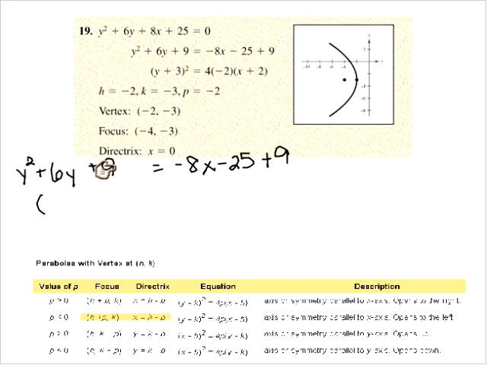I can then factor the left-hand side. That's just y, and then whatever half your middle term was, which we said was a positive 3, squared. Let's simplify the right-hand side. A negative 25 plus 9 is a negative 16.